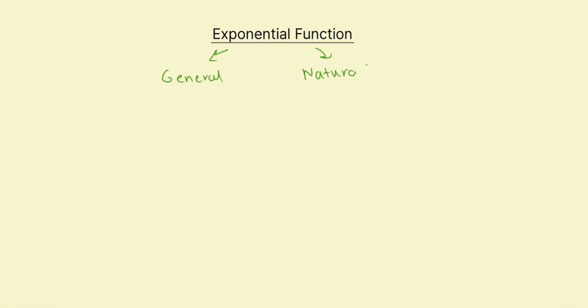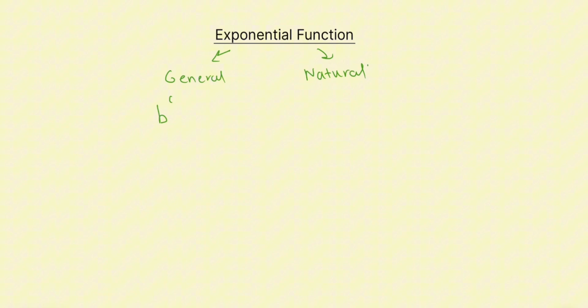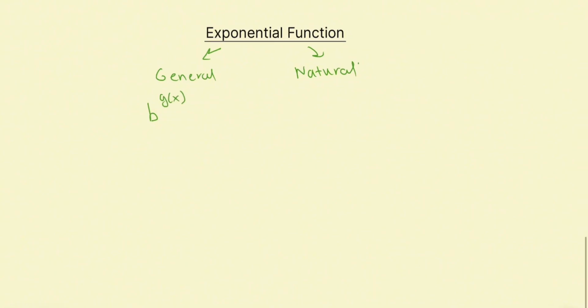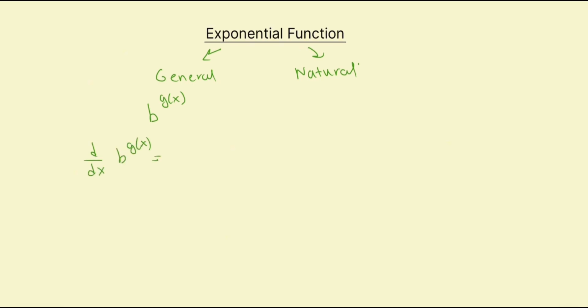Now we will derive exponential functions. Exponential function has also two kinds, the general kind and the natural exponential function. General has a form of a constant raised to a power, which is a function. The derivative of this would be b raised to that function times derivative of the function times natural log of b.